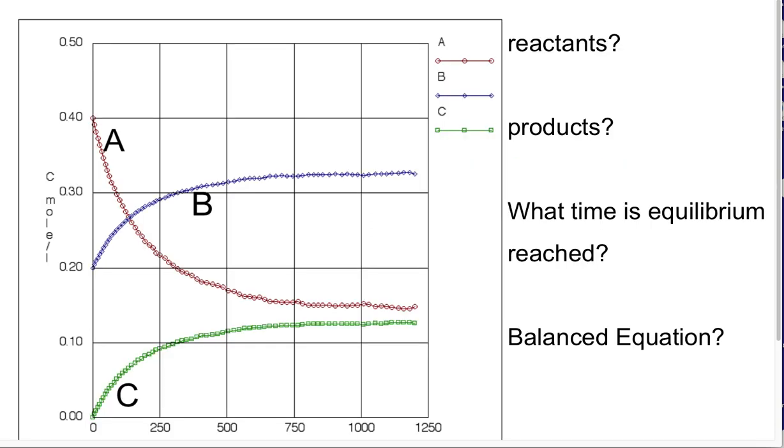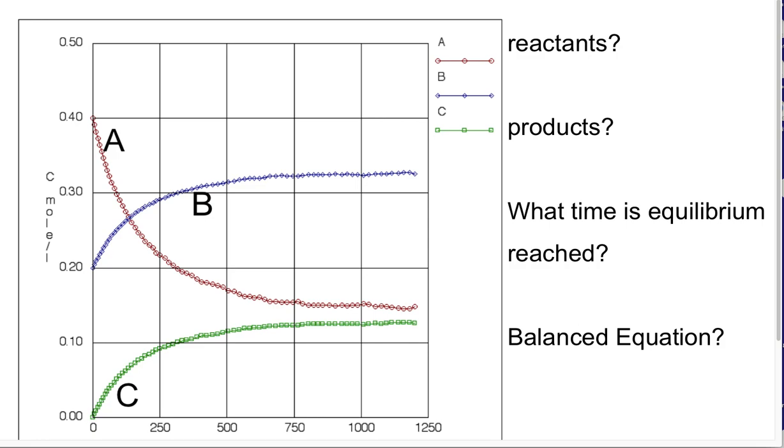Okay, so you have these little graphs. You don't have the words written next to them, but you don't really need to write them. But what we want to do is figure some things out. The first thing we want to do is look at these three substances. We're dealing with an equilibrium reaction that's starting out not necessarily at equilibrium, but is eventually getting to equilibrium. So what are my reactants and/or products?